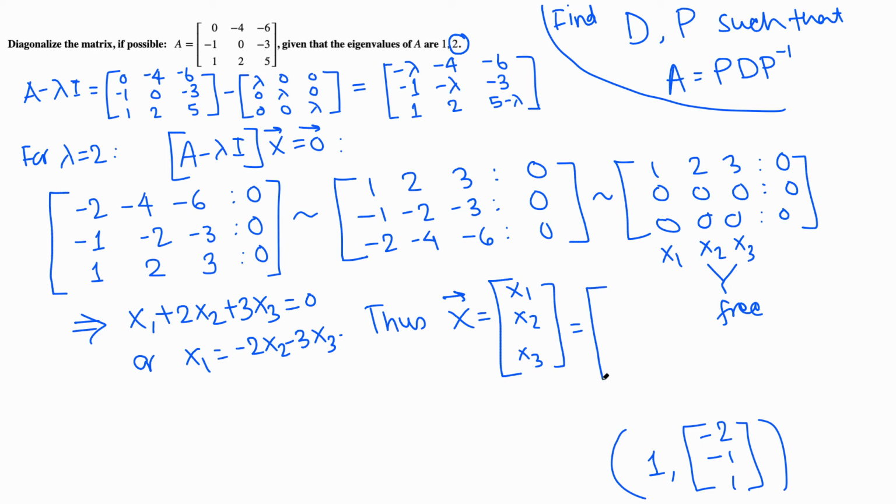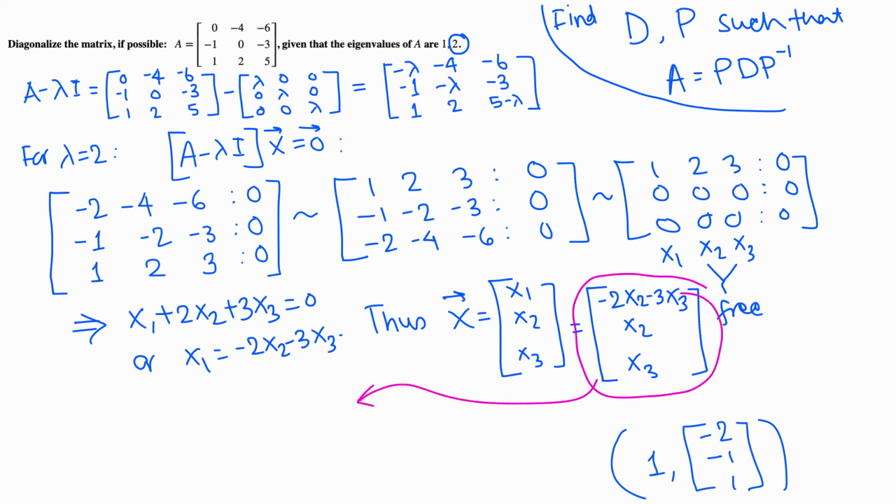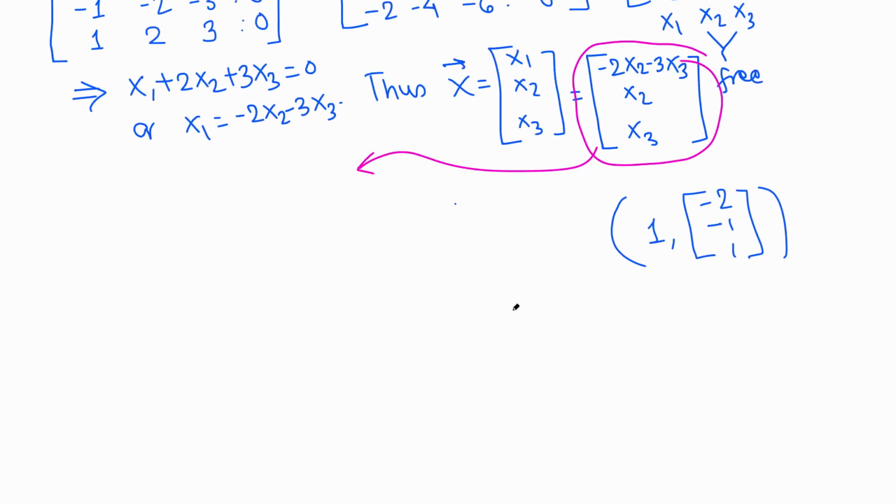Okay, so this is from the previous one, negative 2, negative 1, 1. x1 is negative 2x2 minus 3x3. x2 is free, so just x2. x3 is free. Okay, now we need to work on this here. So that is x equals, in fact, x2 and x3.